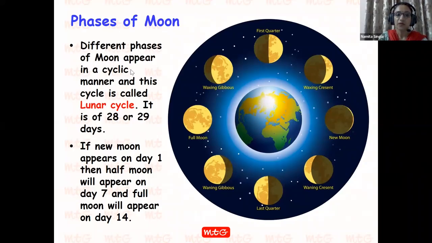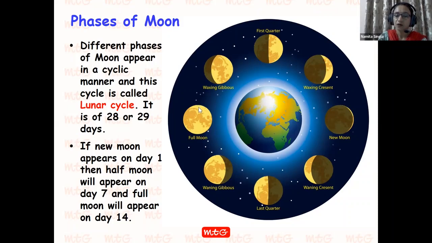Different phases of the moon appear in a cyclic manner, and this cycle is called a lunar cycle, which is of 28 days or maybe 29 days. If the new moon appears on day 1, then the half moon, this first quarter, will appear after 7 days.